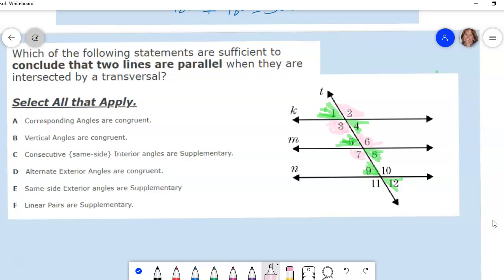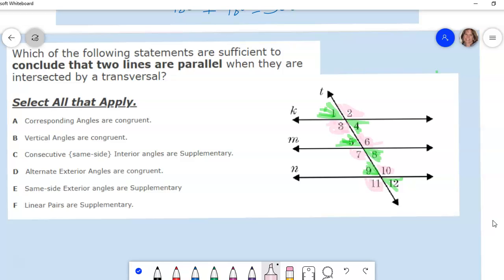Angle 7 is vertical to 6, but it's also corresponding to angle 3, and it is also an alternate exterior to angle 2. And we can then apply this to line N here, where angle 7 and angle 10 are alternate interior. And again, of course, 11.